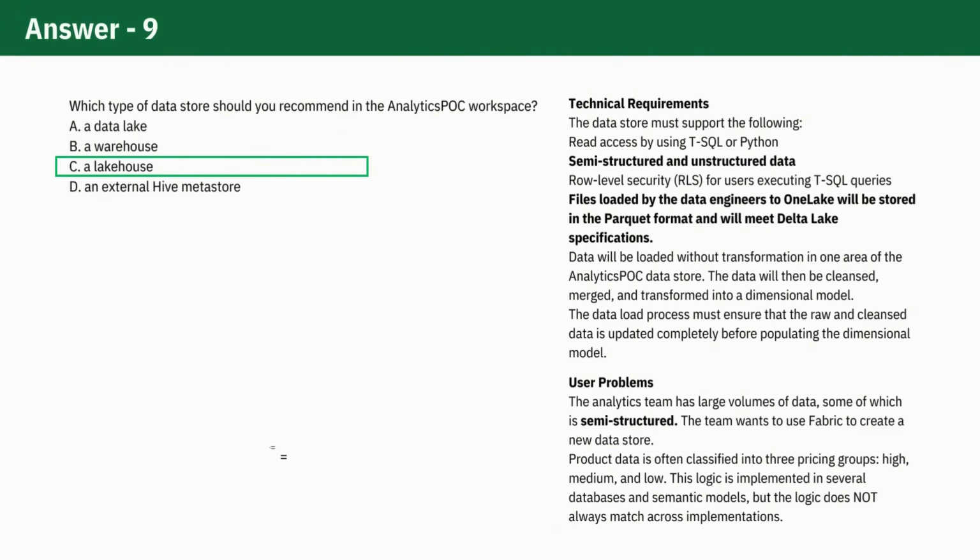B. A warehouse. It is not valid because it supports only structured data. D. An external Hive metastore doesn't make sense, as it is a centralized repository that stores metadata related to the tables, partitions, columns, schemas, and other data structures used by Hive and Spark.